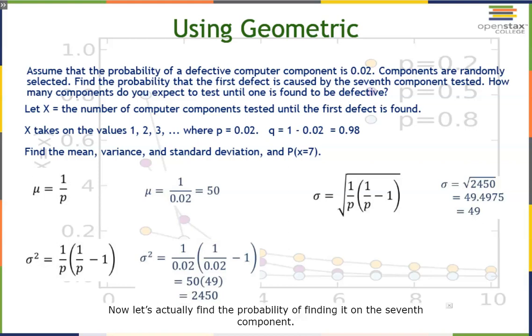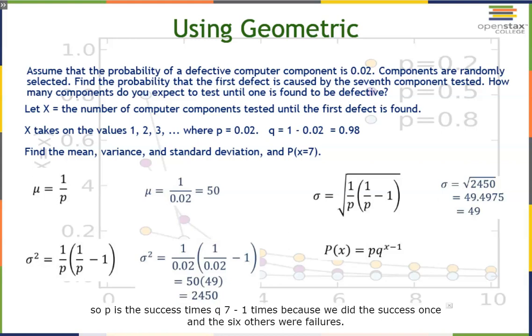Now let's actually find the probability of finding it on that 7th component. The probability using geometric is P times Q to the X minus 1. So P is the success times Q to the 7 minus 1, because we did the success once and the 6 others were failures.